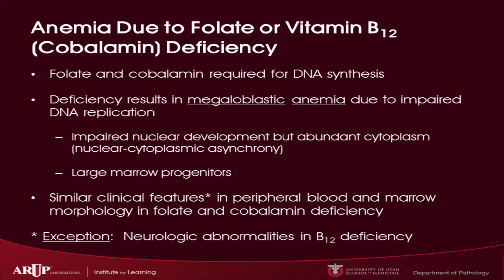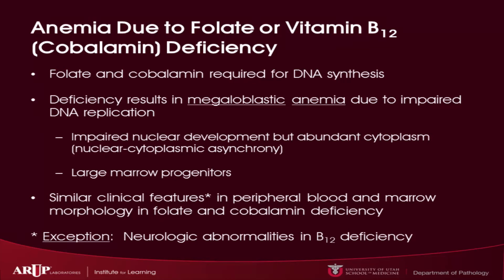Neurological abnormalities are seen in vitamin B12 deficiency, but not in folate deficiency, because vitamin B12 is also important for generation of the myelin, which is the outer covering of the neurons of the nervous system. So if there is a vitamin B12 deficiency, the myelin is not formed that well, and that leads to neurological abnormalities.